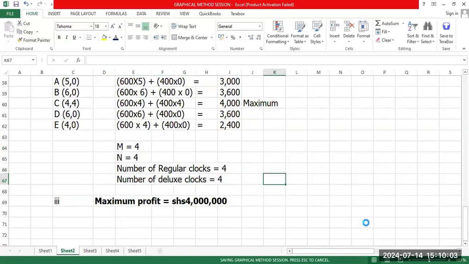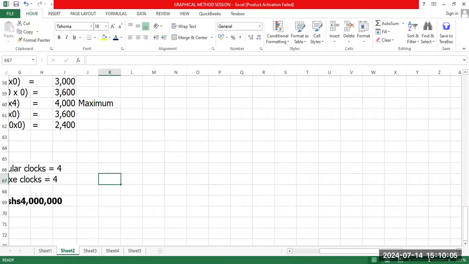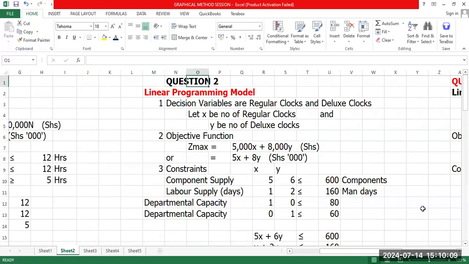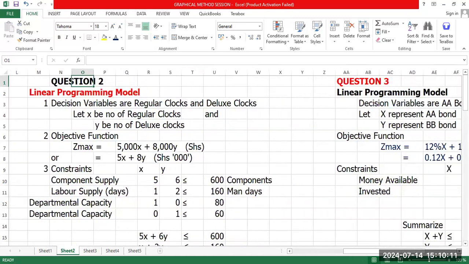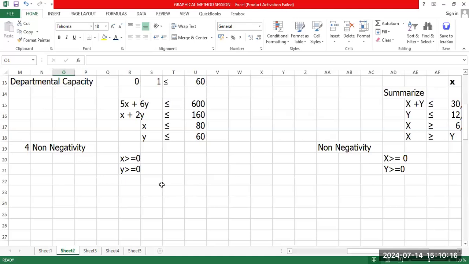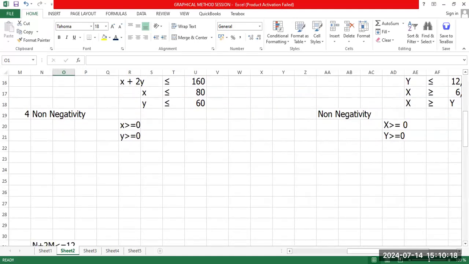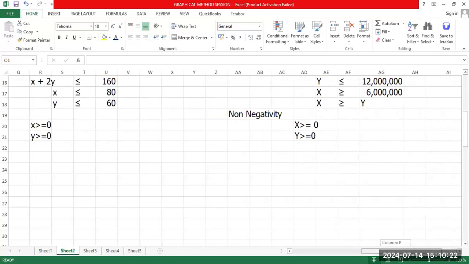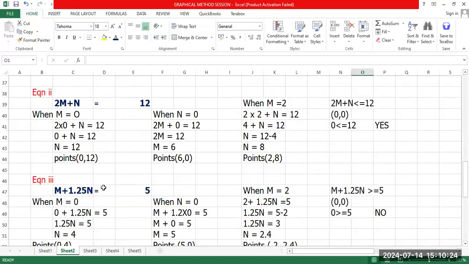And that's all. That is the knowledge you are going to use for question 2 and question 3. You have the model, get points to plot. For question 3, get points to plot, come up with a shaded region.